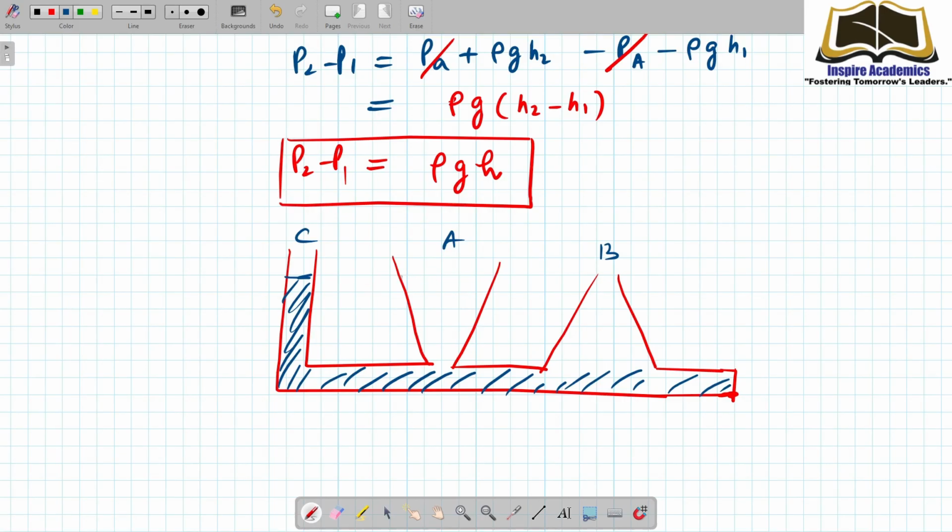So you should be clear that your surface of the water would be the same everywhere regardless of the shape. Okay, are you clear about this? Because the pressure at these points is the same everywhere, so they will attain the same height regardless of the shape. Clear? So sometimes you may get an MCQ having different shapes. So you should be very clear as to how to answer such questions.